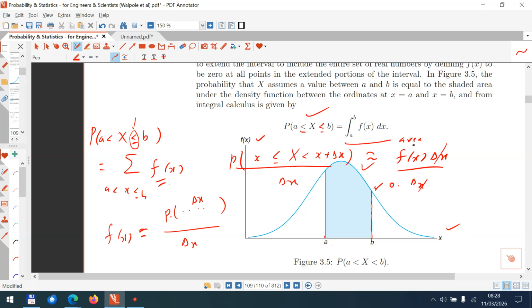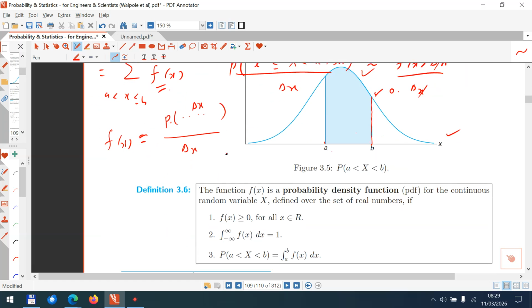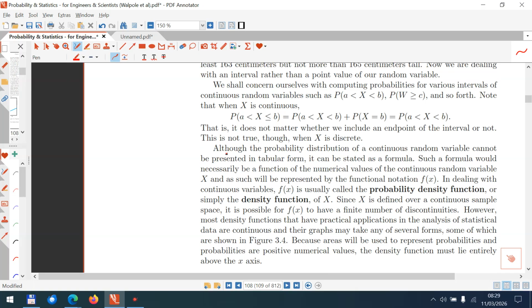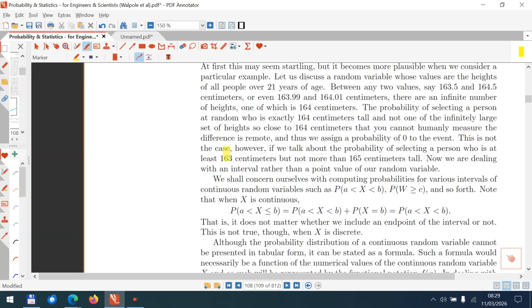So this makes the discussion irrelevant, because these are areas and including a single point or excluding it doesn't change the area. But this was not the case with summation. In summation each term mattered, right? So what this means is that all these probabilities are equal.